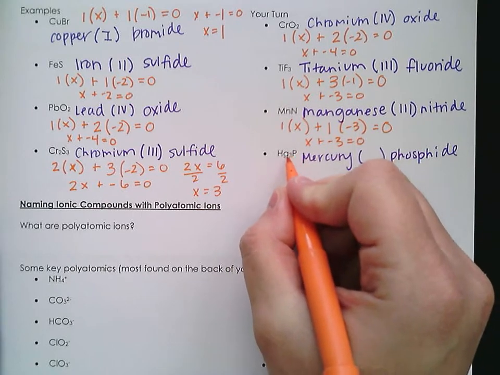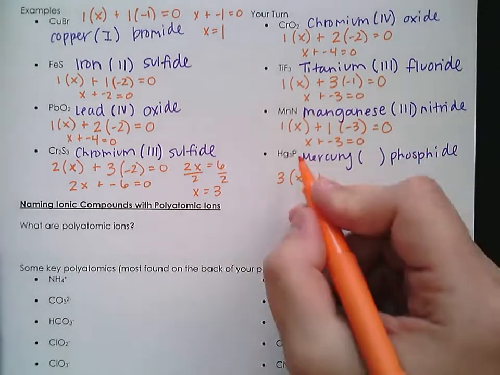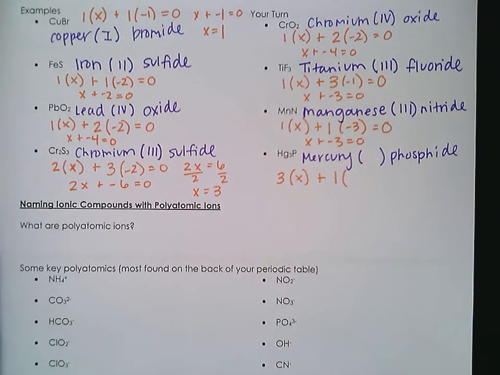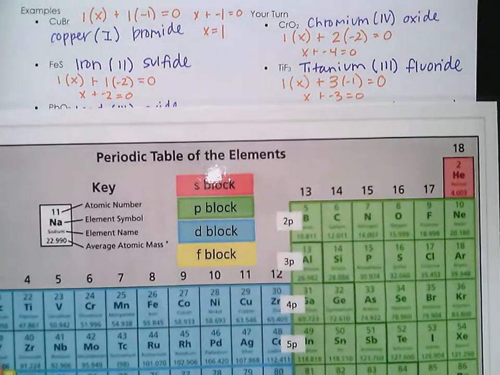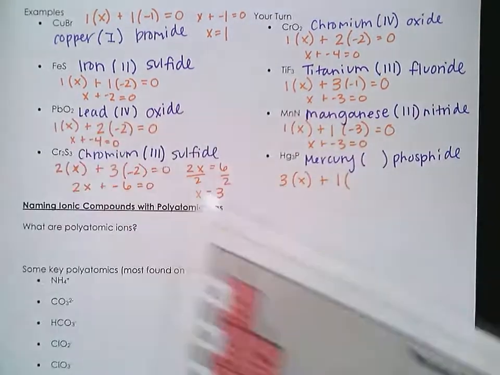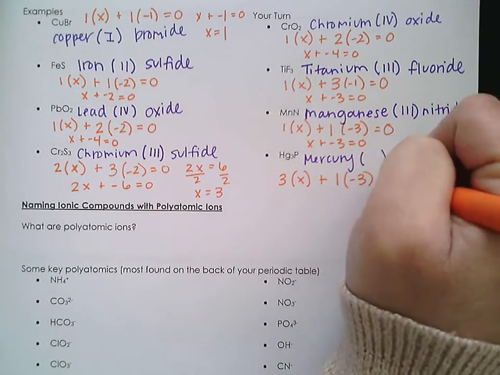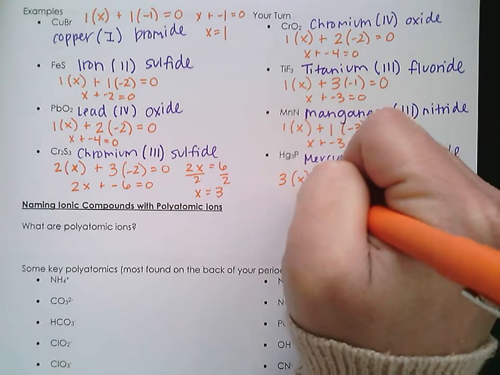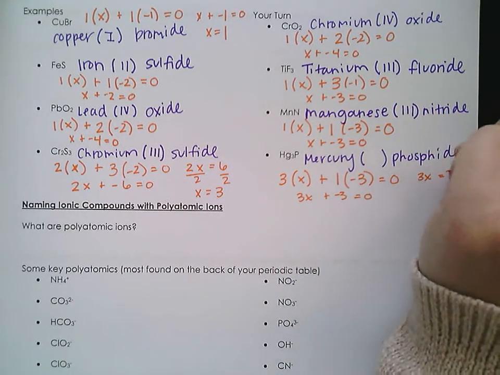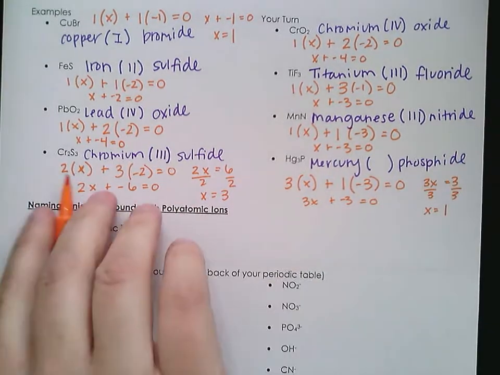So we've got 3 mercuries, X, because I don't know the charge, plus 1 phosphide. When I look at my periodic table, I can see that phosphorus is in group 15. So it needs 1, 2, 3 more electrons to have its octet. So we've got a -3 charge. So 3x plus -3. So 3x equals 3. X equals 1.